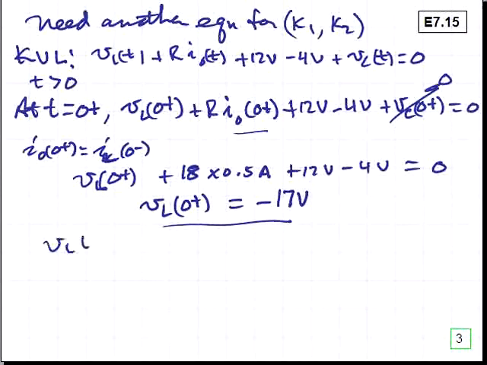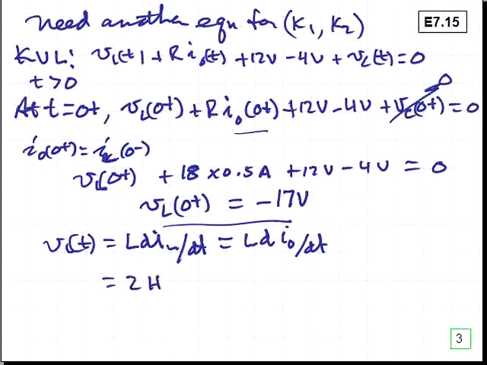V sub L of t is equal to L dI dt. In our case, the inductor current and the I0 are the same, so this is L dI0 dt, and this will be 2 henries.